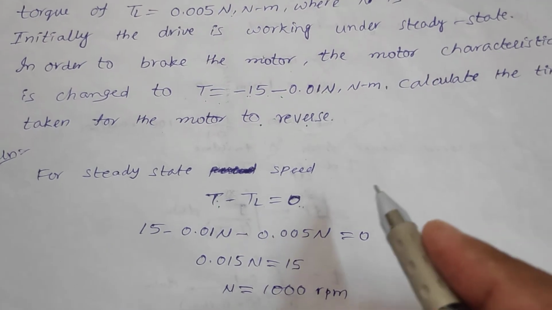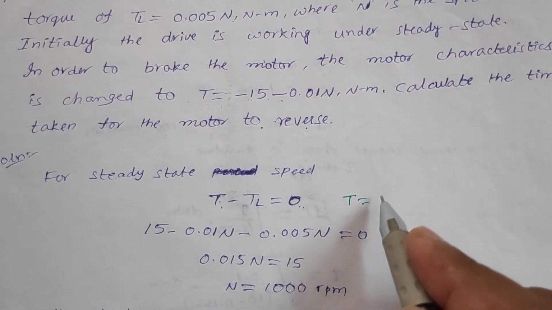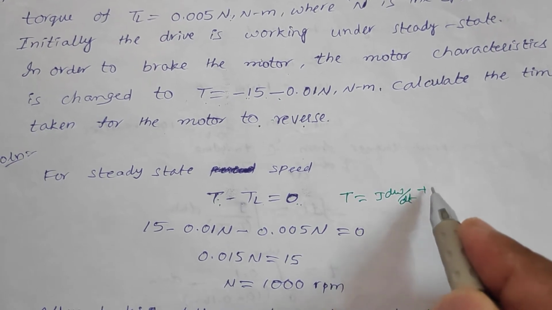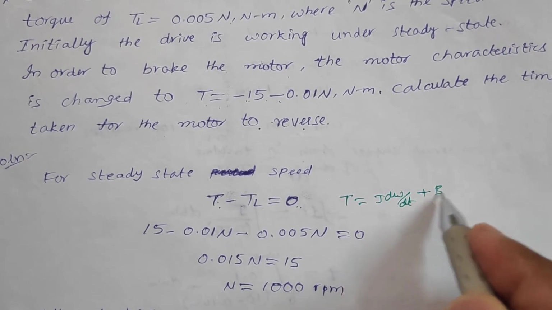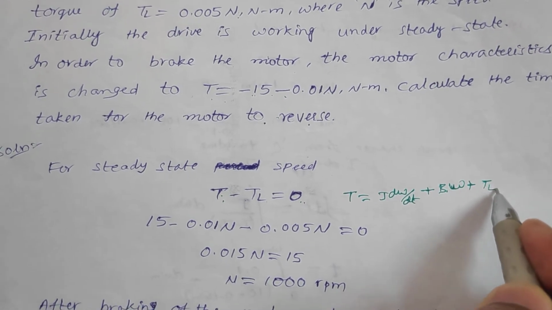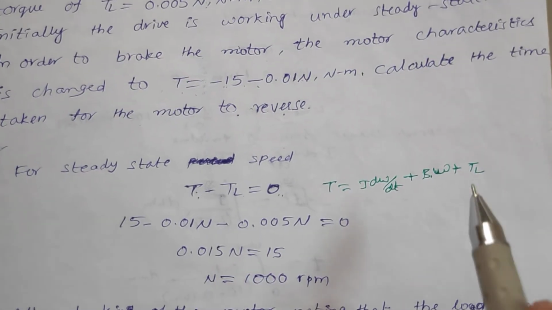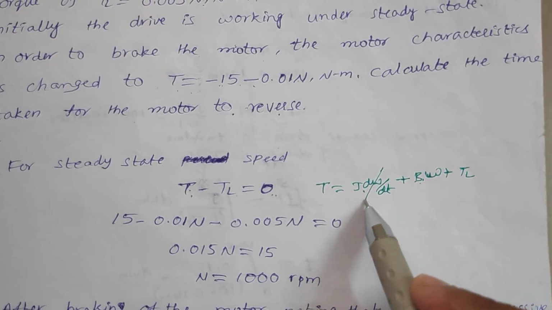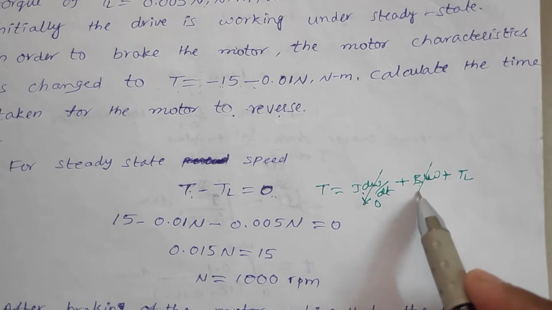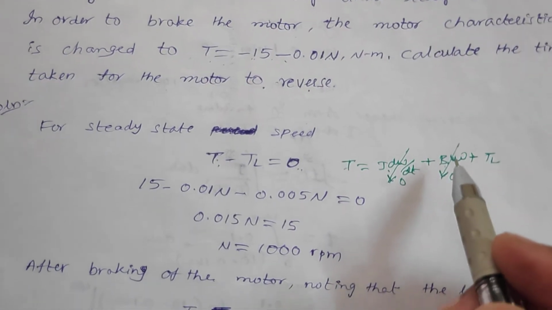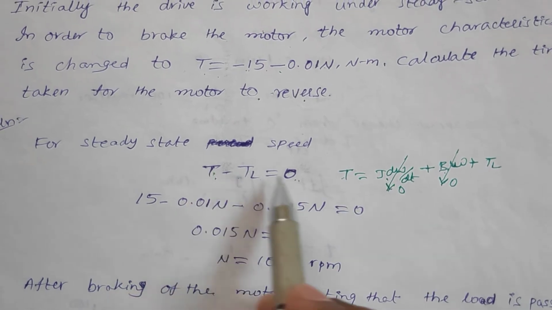Usually the torque equation is T is equal to J into d omega by dt plus B into omega plus TL. But here the torque due to the friction and the torque due to the inertia are both equal to 0 under steady state. Hence T is equal to TL under steady state condition, so T minus TL is equal to 0.